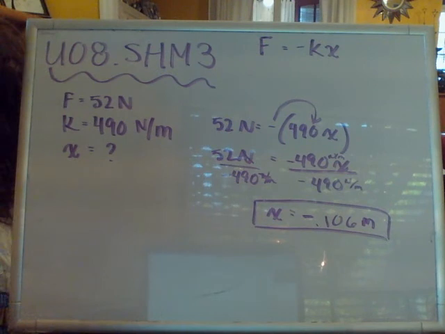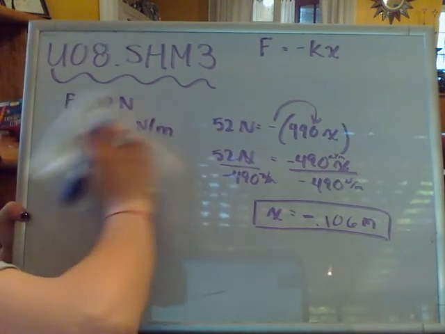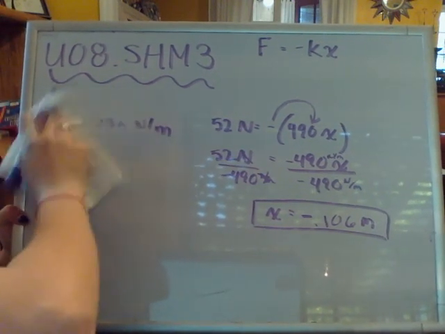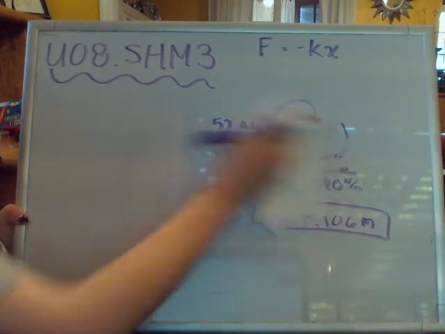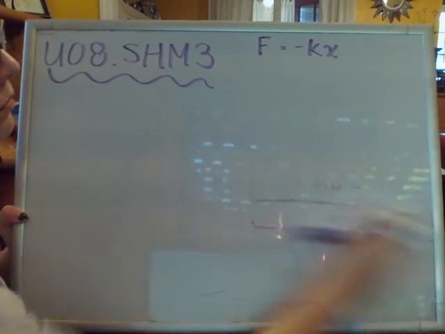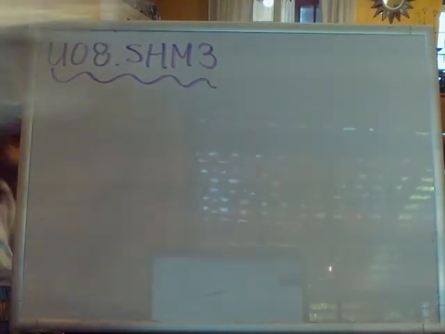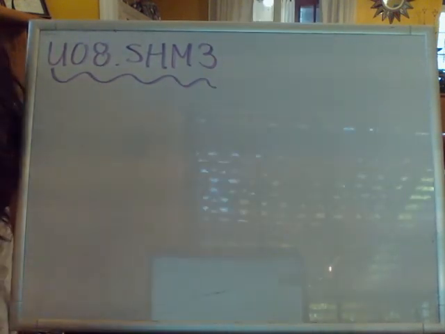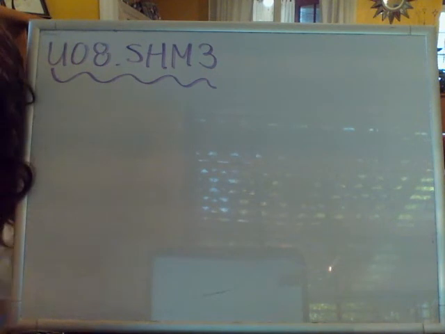So now that we've done an object in a spring system, we can move on to an object that is also in simple harmonic motion, but it's dealing with periods and frequency. So that is the period of a simple pendulum in simple harmonic motion.